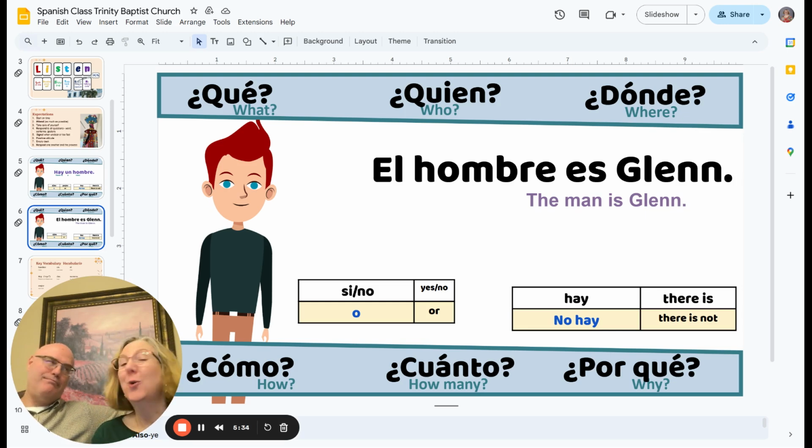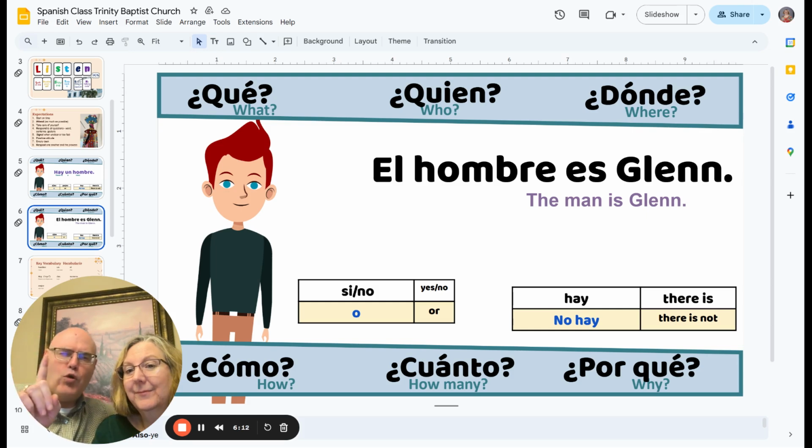Sí, muy bien, Paul. ¿Quién es hombre número dos? Hombre número dos es Neil Armstrong. Neil Armstrong es el hombre número dos. Glenn es el hombre número uno.